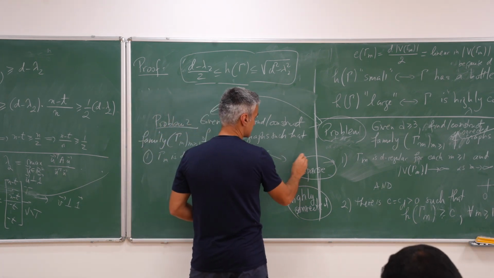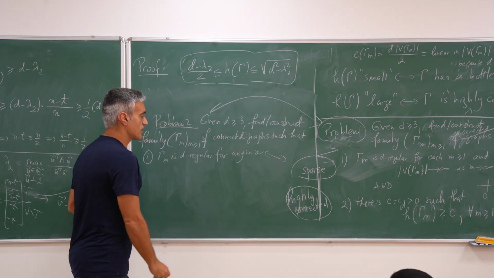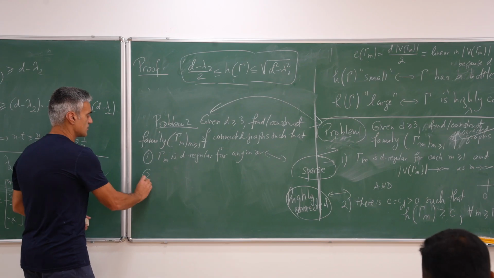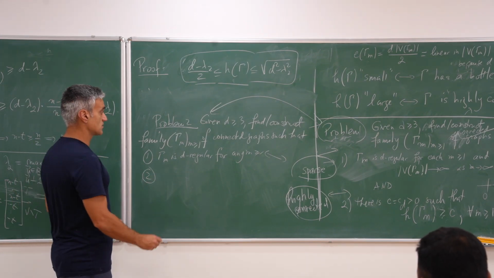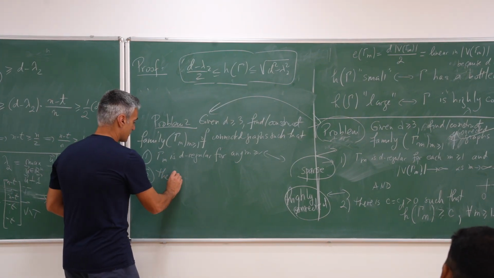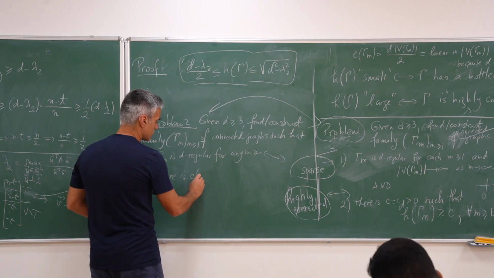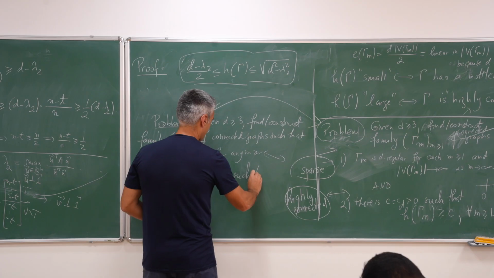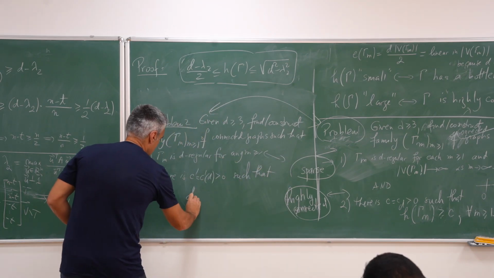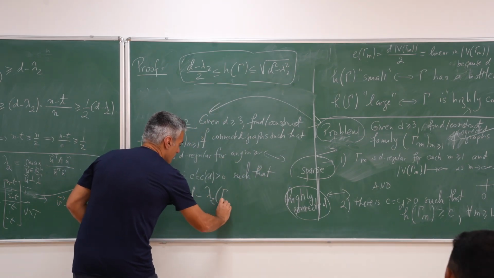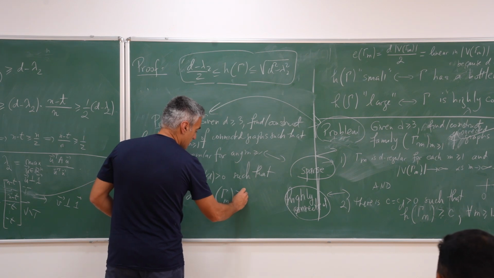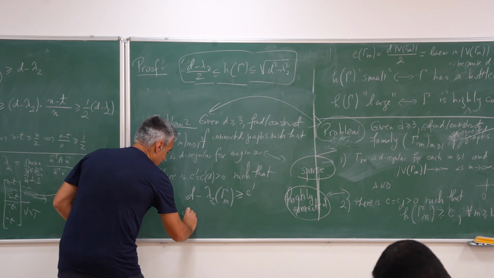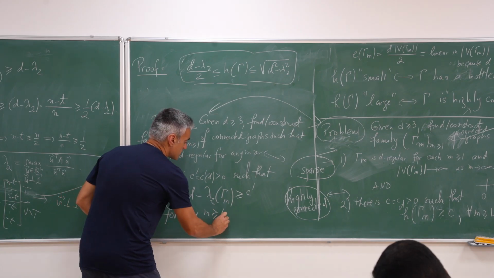So the sparse condition is the same here. But now this highly connected condition, which is here in terms of the expansion constant, gets replaced by an eigenvalue condition. There is some constant, let's call it C prime, which again can depend on d, which is positive, such that d minus lambda 2 of every one of these gamma m is greater or equal than C prime for any m greater or equal to 1.